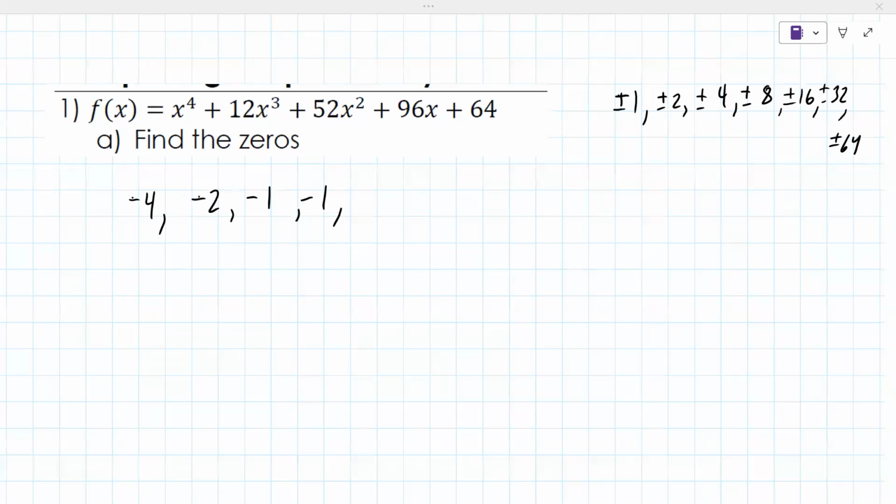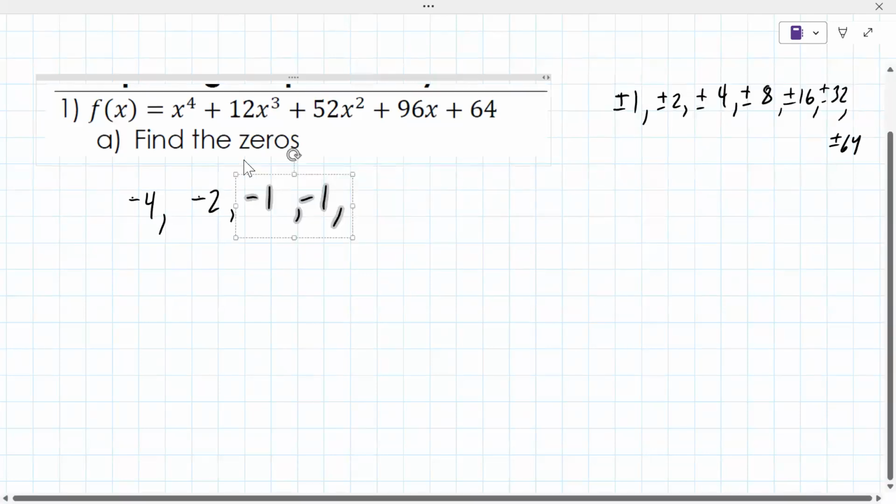So those are both double roots. Yeah, the multiplicity of 2, that's what I said.